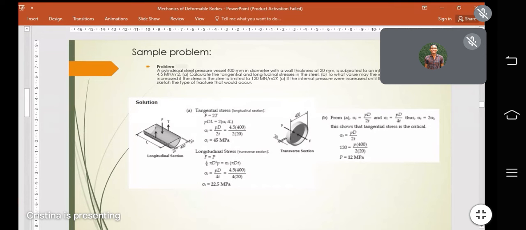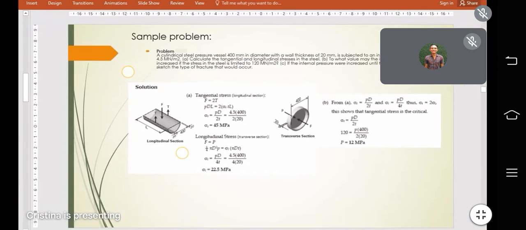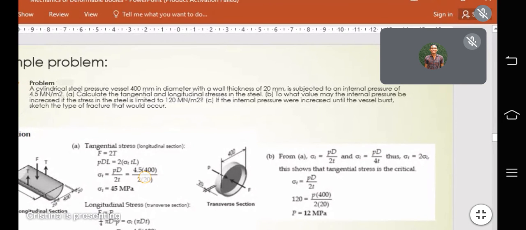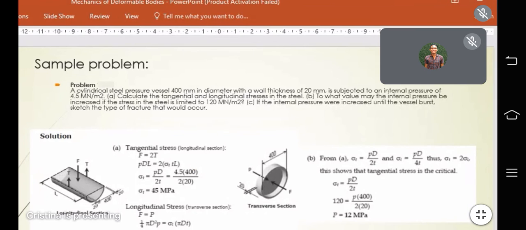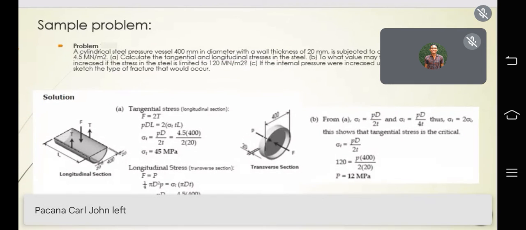For the next question, to what value may the internal pressure be increased if the stress in the steel is limited to 120? We are given the limit sa atong stress, so we need the pressure. We have the stress, 120, then P is the missing, with 400 and 2t. Inyo na siyang i-compute ang duha, then compare which is critical. This shows that tangential stress is the critical.